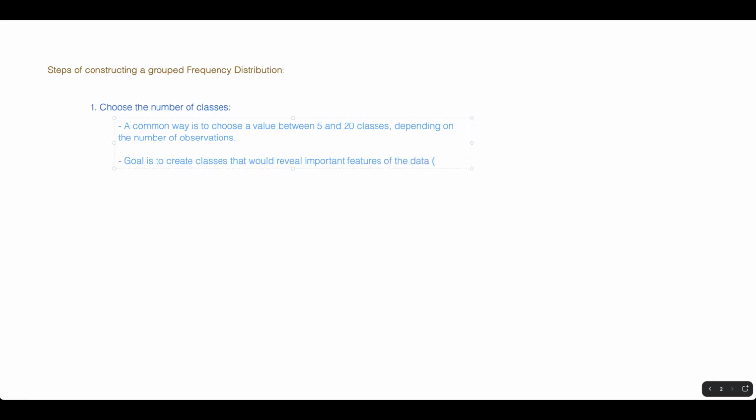For example, center, then spread, symmetry, etc., right? Without overlooking key variations, right?